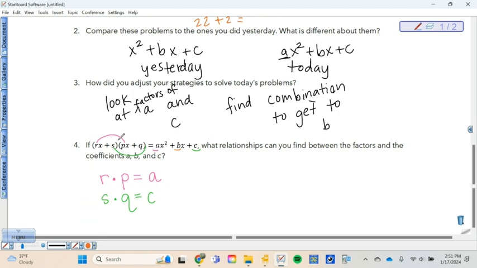And then it's the combination of the outers and the inners that give me B. So R times Q plus S times P. That's what gives me B. Let's look at the other side and we'll take a couple notes and then we can get practice in.